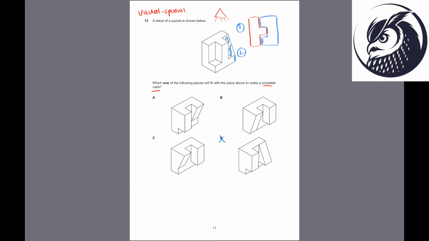Now, if you look between answer options A, B, and C, you can see that in option A, the sloped surface doesn't go all the way to the bottom, so it satisfies that. Same with C, but unfortunately, with B, you can see the sloped surface goes all the way to the bottom, and therefore it wouldn't fit in with the piece of puzzle. So therefore we can exclude B now. And that leaves us A and C.